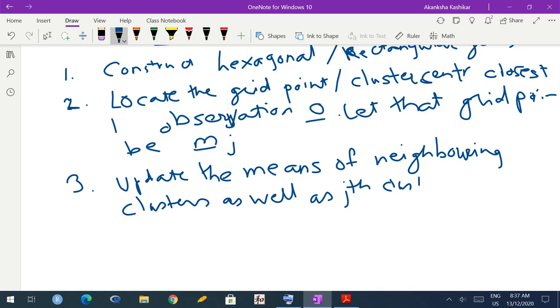So you update as: Mi is updated as the original Mi plus alpha times (O minus Mi).